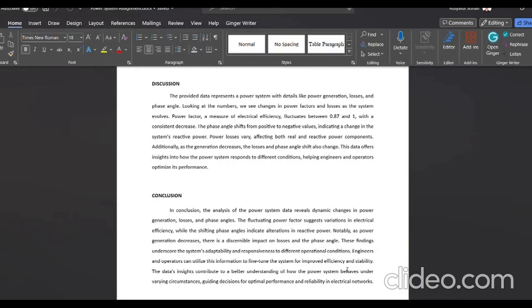For discussion, the provided data presents a power system with details like power generation, losses, and phase angle. Looking at the numbers, we see changes in power factor and losses as the system evolves. Power factor, a measure of electrical efficiency, fluctuates between 0.87 and 1, with a consistent decrease.